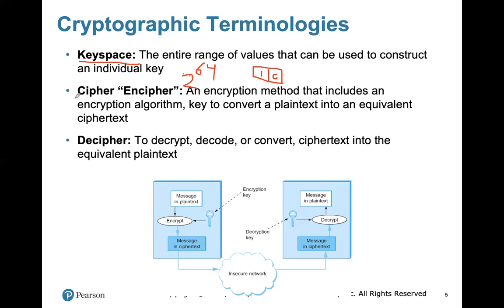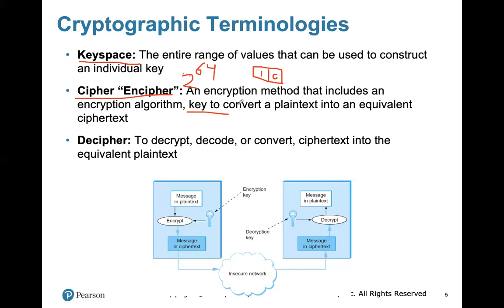Okay, we have cipher or encipher, which is also called the encryption or cryptographic algorithm. Cipher or encipher is the encryption method or encryption algorithm plus the key. The encryption algorithm and the key together make the cipher. The key, of course, is something constant or given.